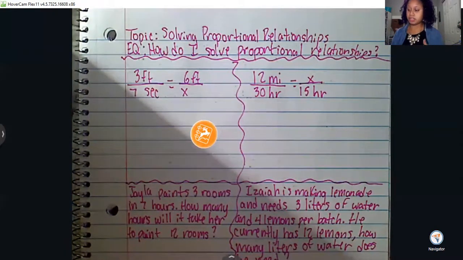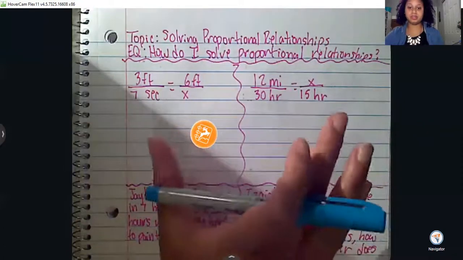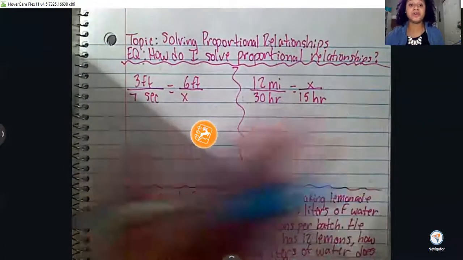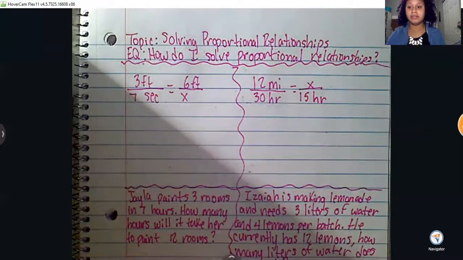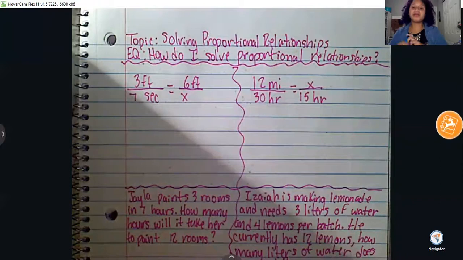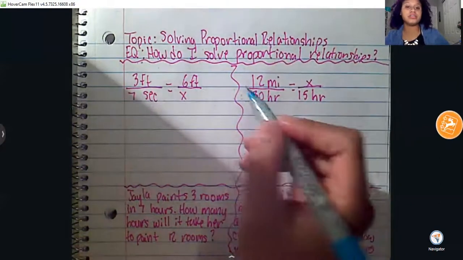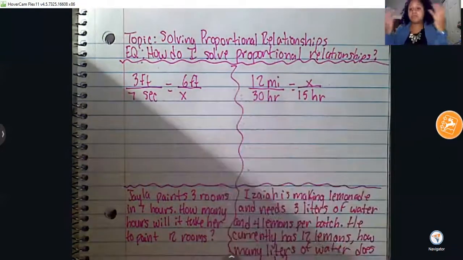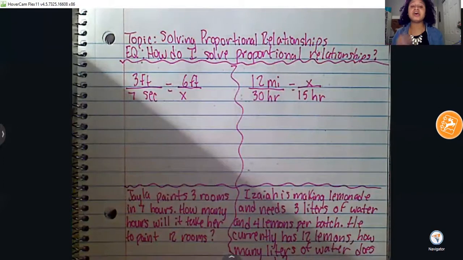So to get us started, we're going to start with the situation where they give you the proportion and you just have to solve from there. In this situation, we have 3 feet per 7 seconds is equal to 6 feet per an X amount. X means we're not sure. It's a variable, and that is what we are solving for.